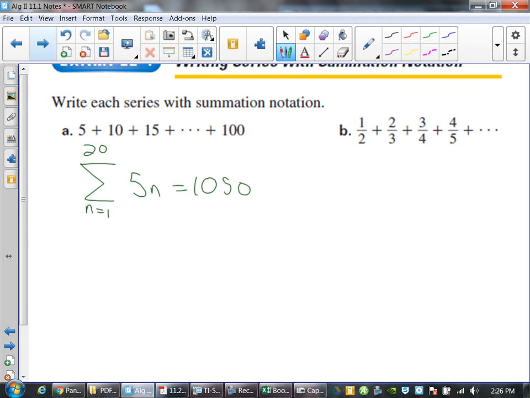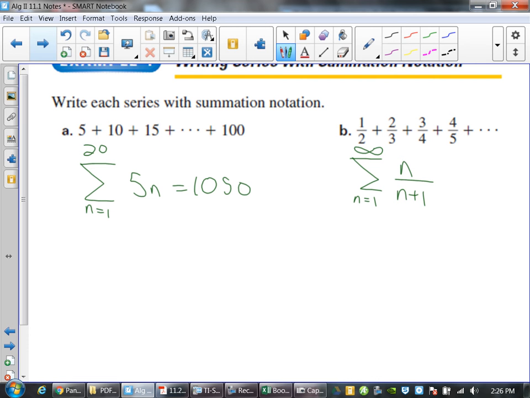Good. n over n plus 1. Where do you start? 1. So we know the rule is going to be n over n plus 1, and it's going to go from n equals 1 through, well, what does the dot dot dot mean? Infinite.